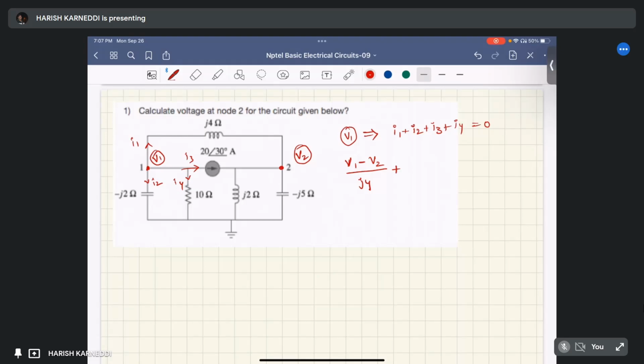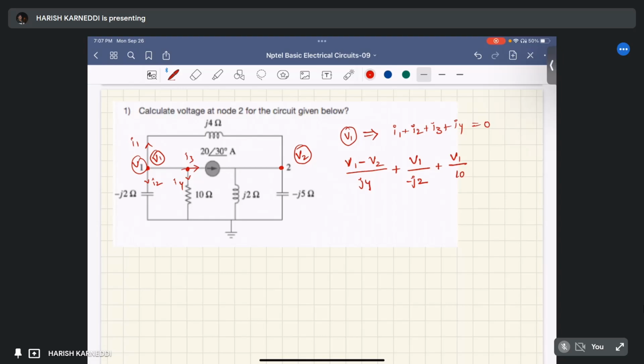I2: the voltage is V1, so the potential difference across this capacitor is V1. So we can write V1 by the impedance of the capacitor, minus j2 ohm. Similarly, I3 has the same potential applied across this 10 ohm resistor, so V1 by 10 ohm.